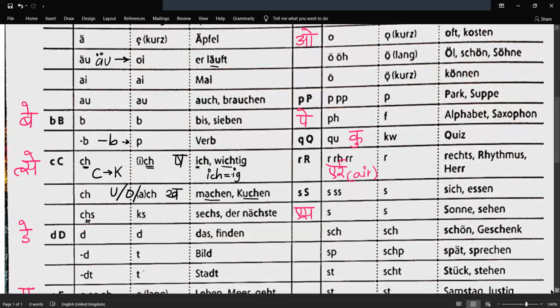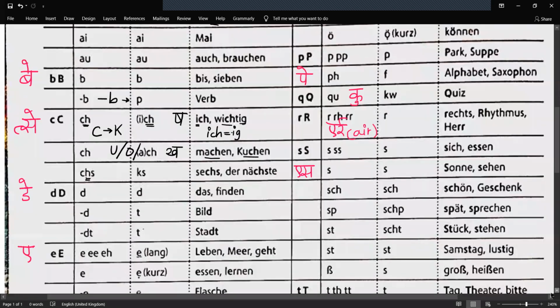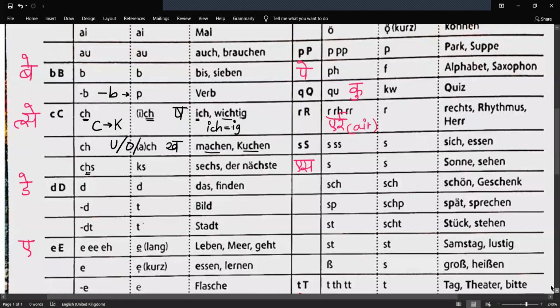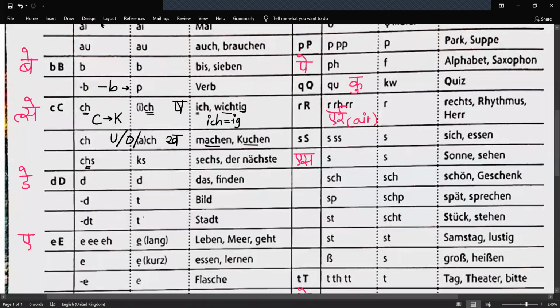Then the next character is CHS, which takes the sound ks together. You're going to see this with X as well, because it's more or less the same sound.